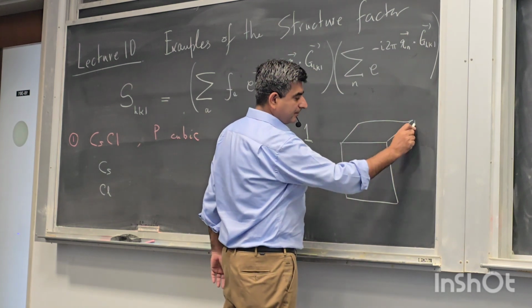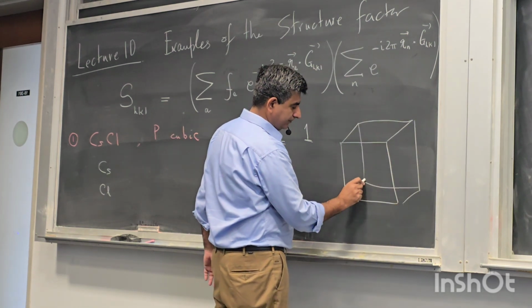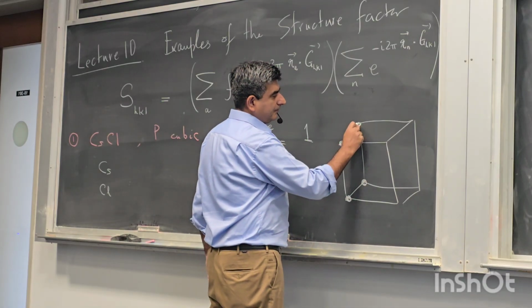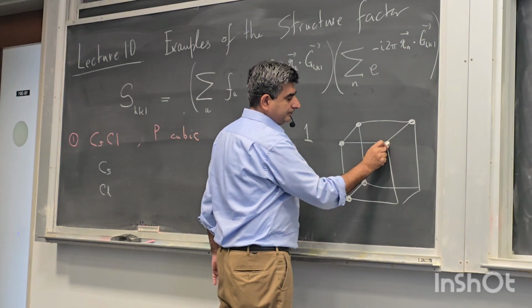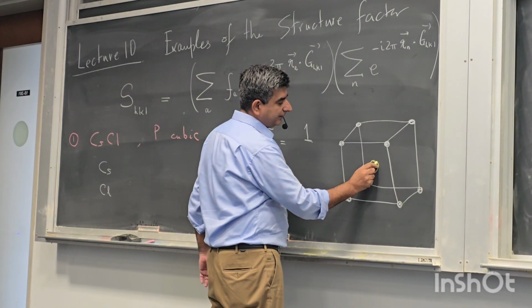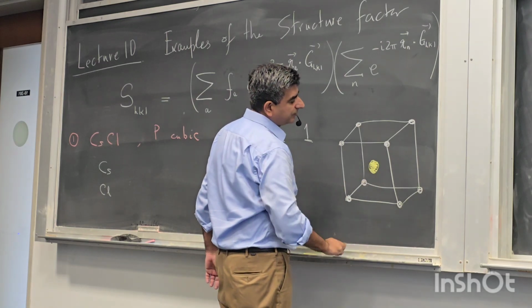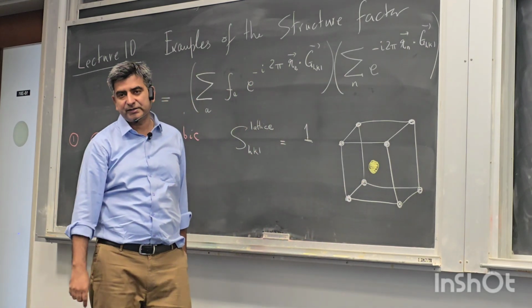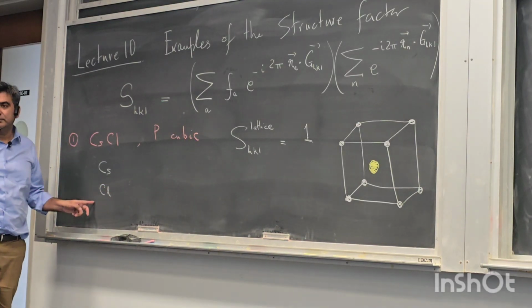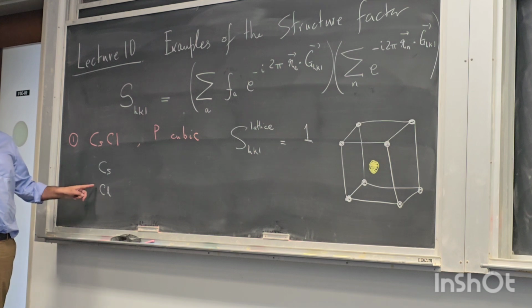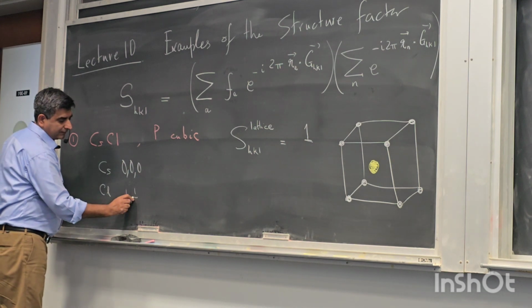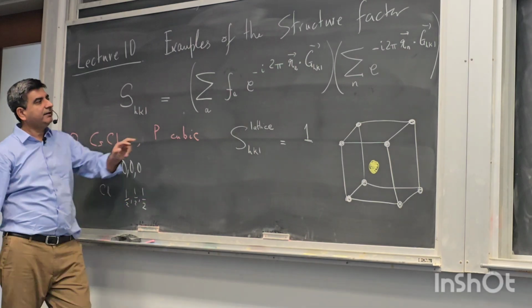Cubic, cesium, and chlorine at the center of the body of this cell, but it's not a body-centered cubic, it's primitive. So what are the coordinates for cesium and chloride? Cesium ion, chloride ion? 0, 0, 0 and 1/2, 1/2, 1/2. So these are the Ra's.